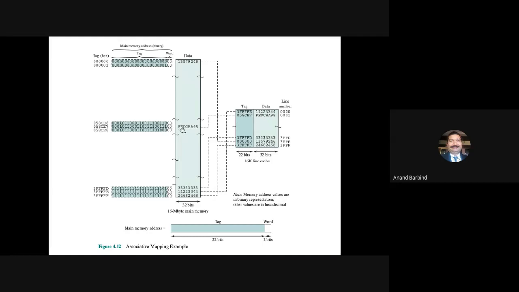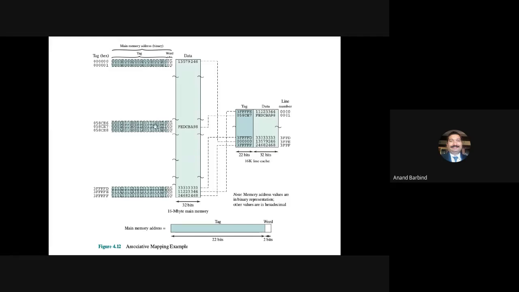The contents are FEDCBA98. Okay, so they are stored in the cache line. This is line number 1. And what is the tag value? Tag value is 058CE7. So that is the tag for this particular memory address. Okay, so this is the tag.